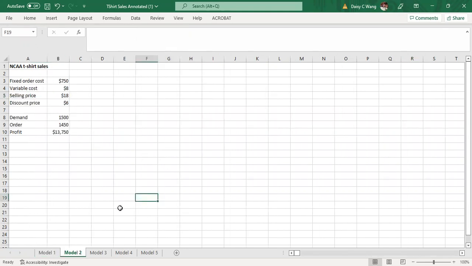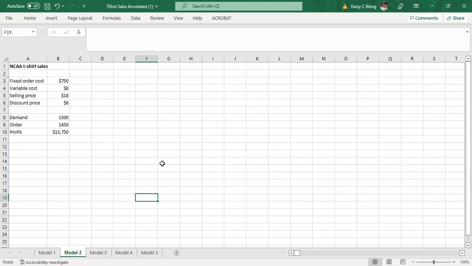So this next one, model 2, shows that the fixed order cost is $750, variable cost $8. That means if you try to design your teacher, you probably need to pay for the mold, the model, the pattern first. So that's a fixed cost, $750.